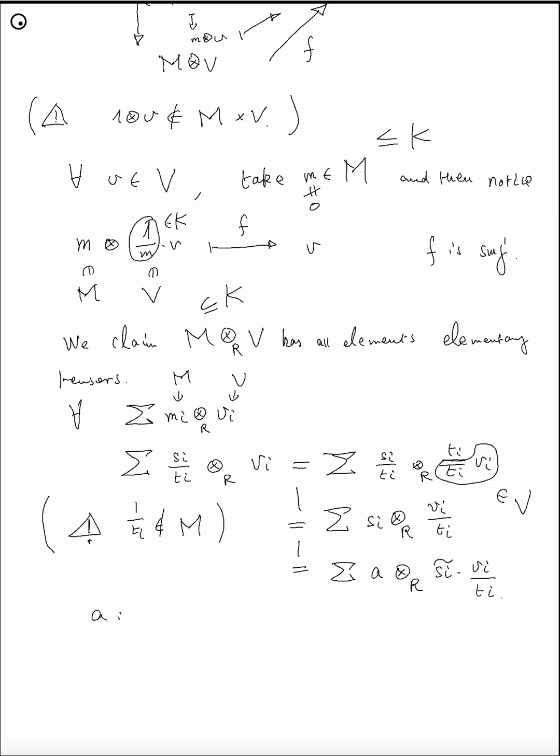Basically, I define this A to be the multiplication of all those si, and then this si tilde should be A divided by si.